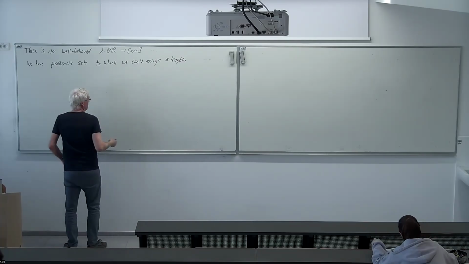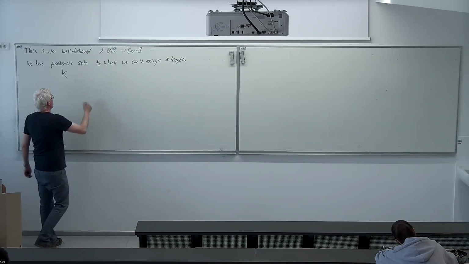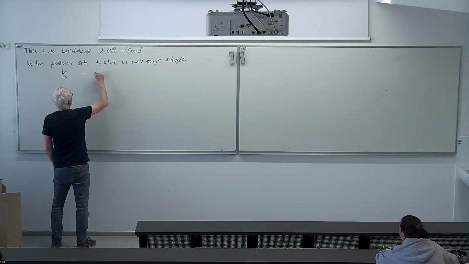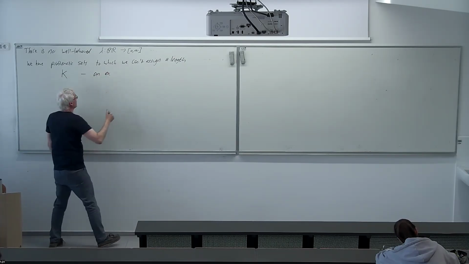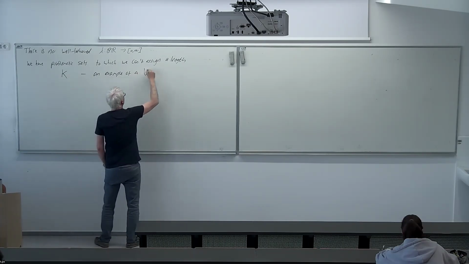So in the proof, this was K, and such sets are called Vitali sets, after Vitali. It's an example of a Vitali set.